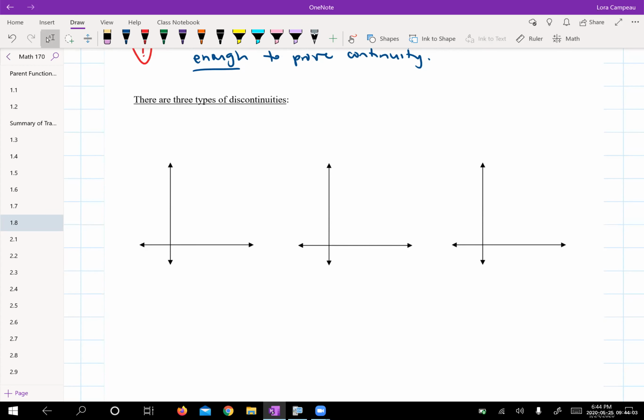We're going to go over the 3 types of discontinuities that we could run into in this class. We're going to talk about, let's see if I can draw a few examples. I always like to visualize them first to see what's going on. So let's say we have a function that appears to have a hole at x equals a.